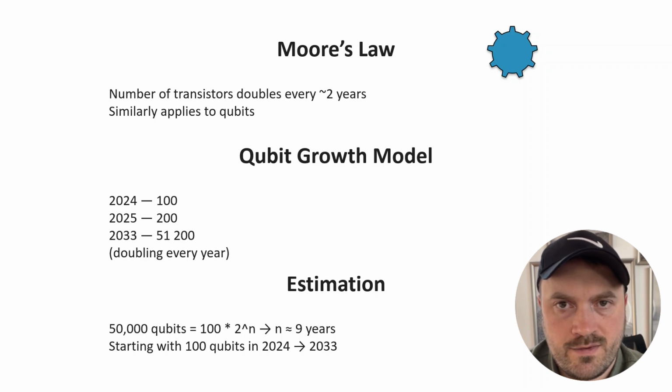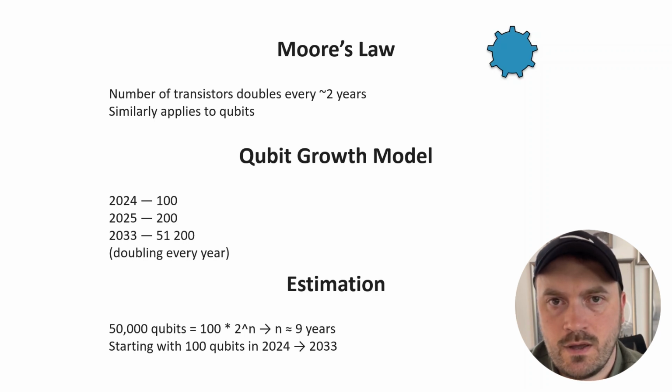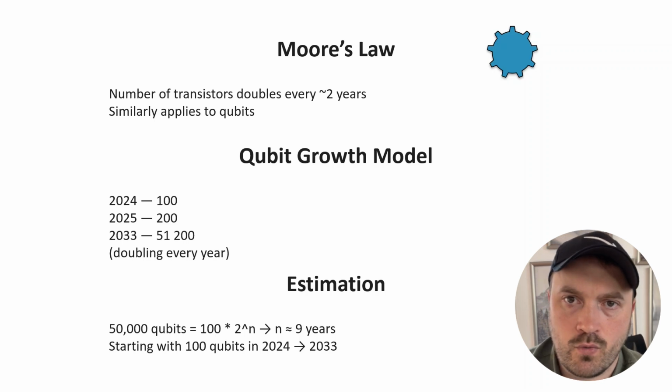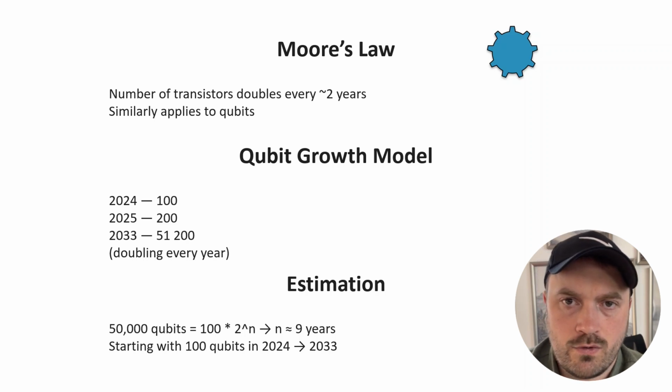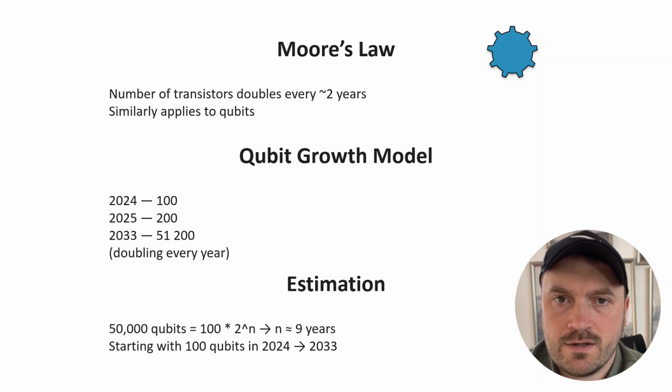To answer this, we can use an approximate growth model, similar to Moore's law, applied to quantum computing. Now let's talk about what Moore's law actually is. Moore's law was formulated in 1965.